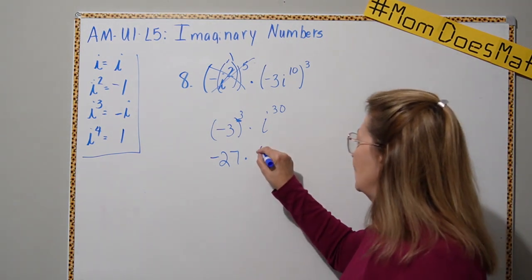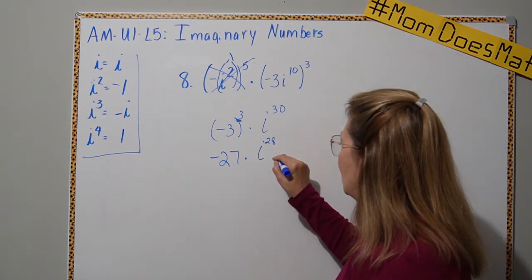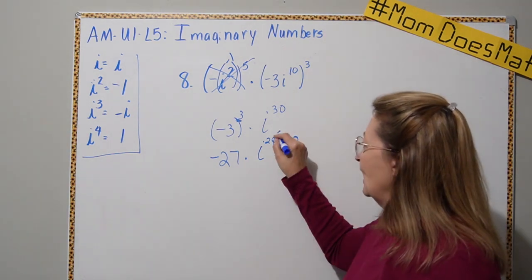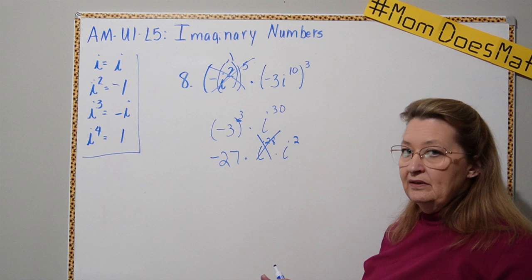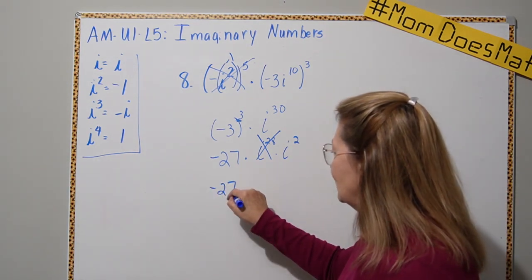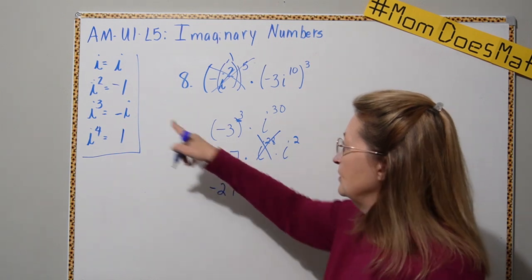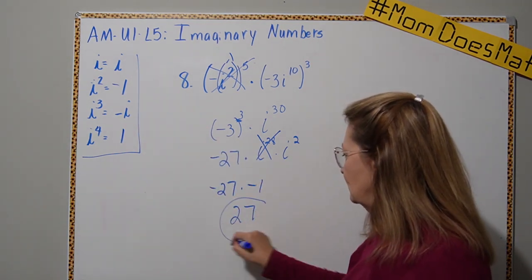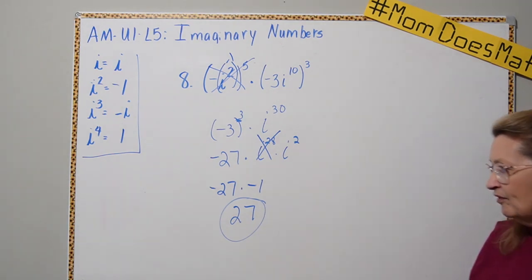Well, 28. So we're going to have i to the 28th times i squared. i to the 28th is positive 1 because that's a multiple of 4. So what I have now is negative 27. And what's i squared? Negative 1. So you wind up with positive 27 for a final answer.